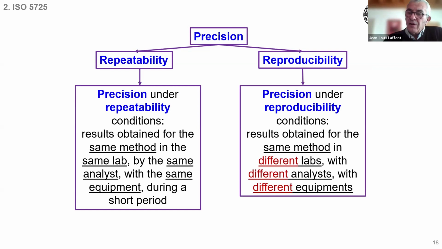Whereas for reproducibility, the conditions are different. You are using the same method, but different labs, for sure different analysts, and maybe different equipment. So these are the two important concepts regarding precision, repeatability and reproducibility.